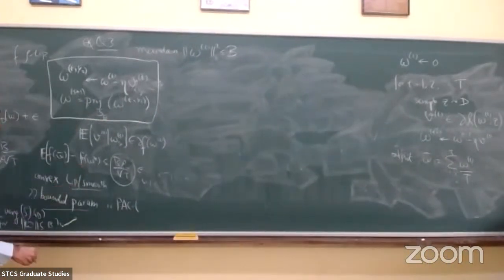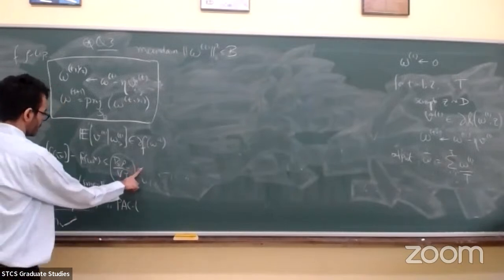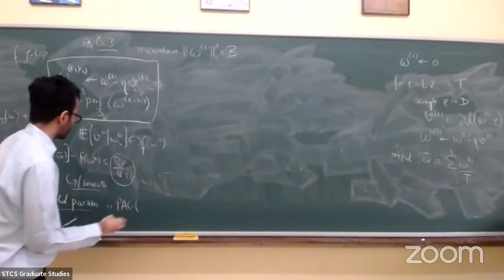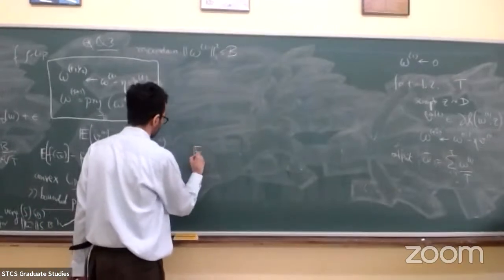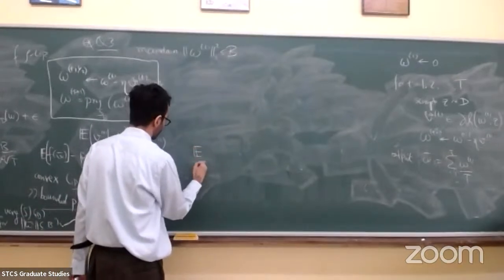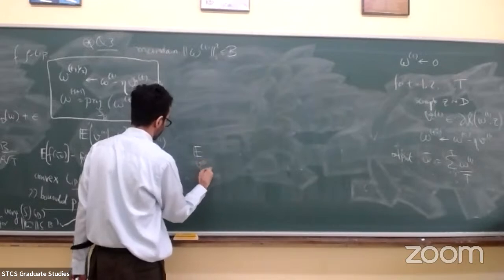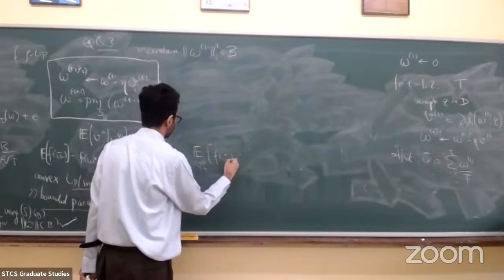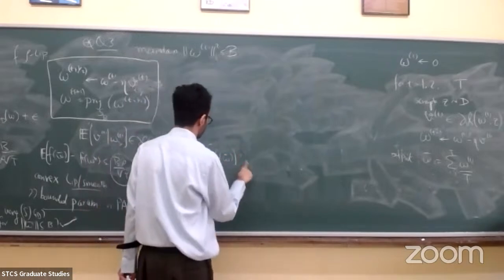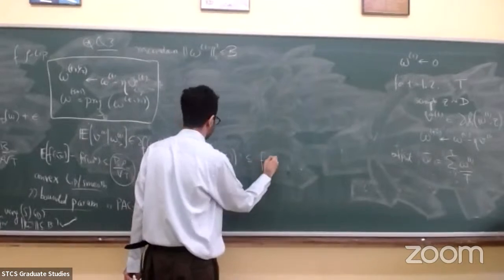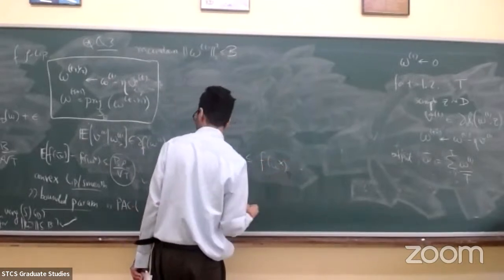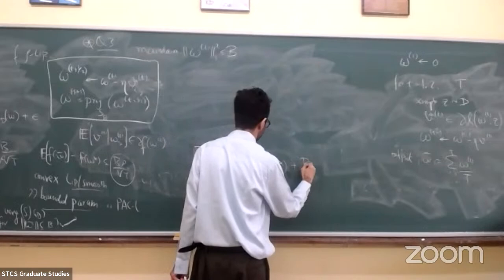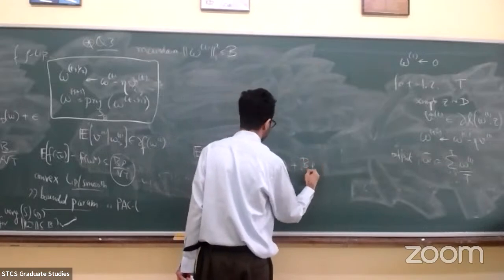If I just manipulate this, I get that the expectation over choices of my V1 through VT of the loss at W bar is at most f star plus B rho.